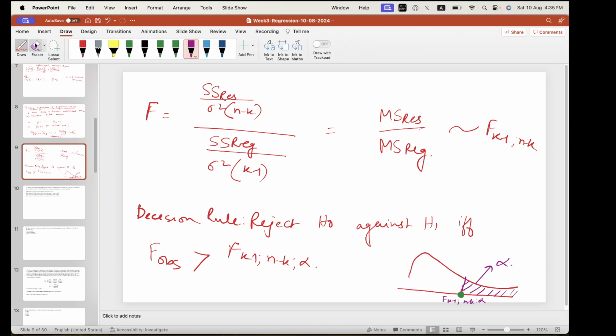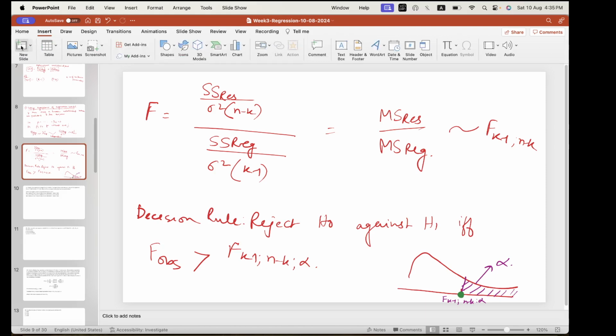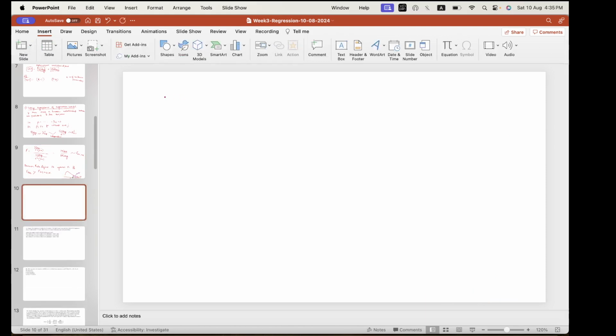Okay, and how do I check quickly whether a regression is significant or not? If we are provided with an ANOVA table, so that is also something that we have learned. So how does that ANOVA table look like? ANOVA table is analysis of variance. So first it will list out all your sources of variation. In case of a multiple linear regression also, we have two sources. One is the regression and one is the residual.